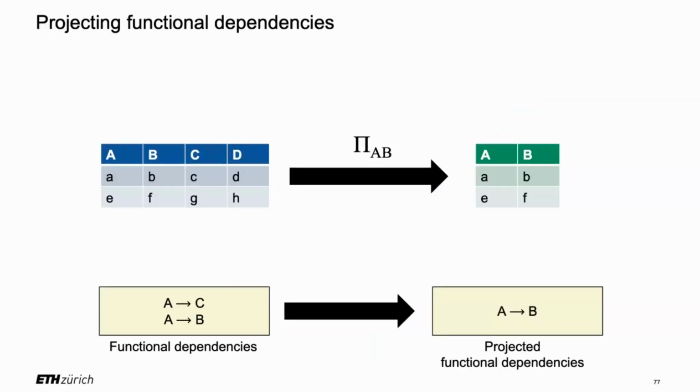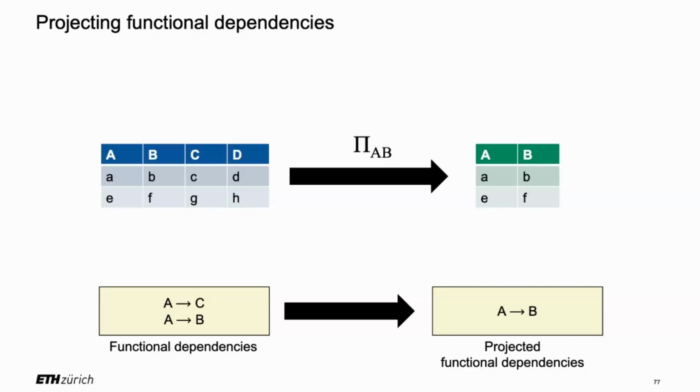And the first thing that I'm going to show you is what happens to the functional dependencies if you project a table. So you have here on the left a table that has 4 attributes and that has a few functional dependencies. A gives you C and A gives you B. Imagine now that I'm projecting that table to just A and B, right? So pi, you remember pi, right?